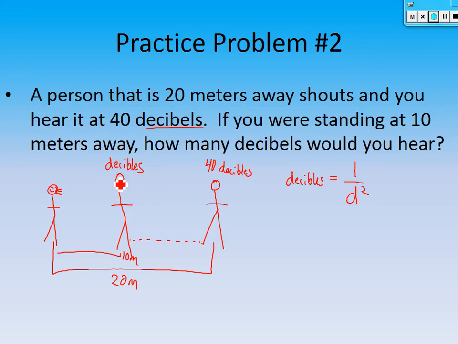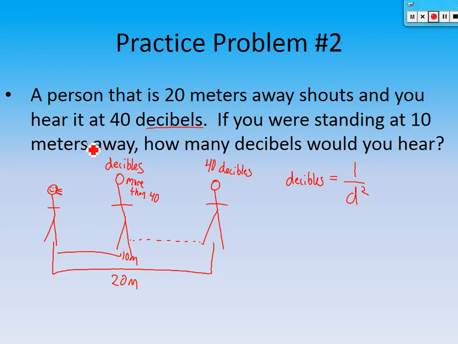Now before we even solve it, is he going to hear it at more decibels or less decibels? It's going to be more. More than what? More than 40. So if you get an answer that is less than 40, you know you're doing it wrong. You're thinking about it wrong. Okay, so it's got to go up. We know that. So let's figure this out in terms of proportions.